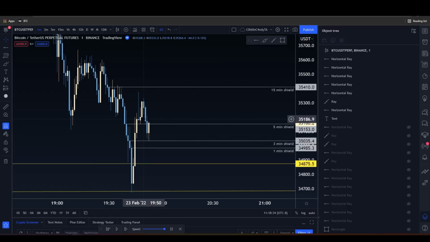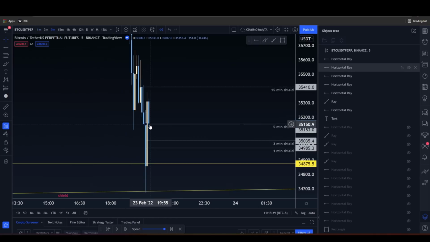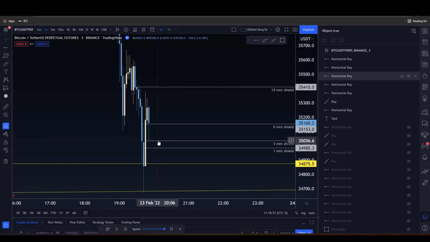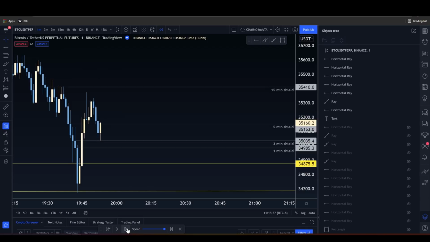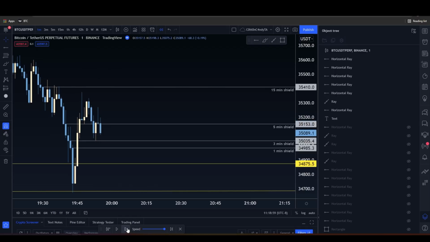Now we can immediately see that the 5 minute candle right here at 9:51, well, actually this would have been the first candle in that 5 minute candle, because that 5 minute candle would have been created at 1950 and would end at 51. So in this moment, you actually don't hard close and lose this 5 minute shield. Rather, you just hit your 3 minute level or your 3 minute shield, and you haven't quite lost the move yet. So we can continue to move forward in this trade and see where things go.